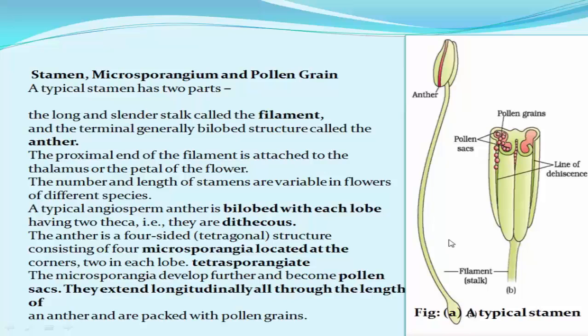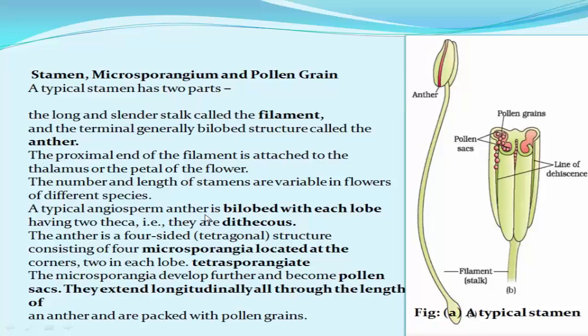What is the condition of this anther in case of angiosperms? The stamen consists the bulged portion called anther. The anther is attached to the long stalk called filament.